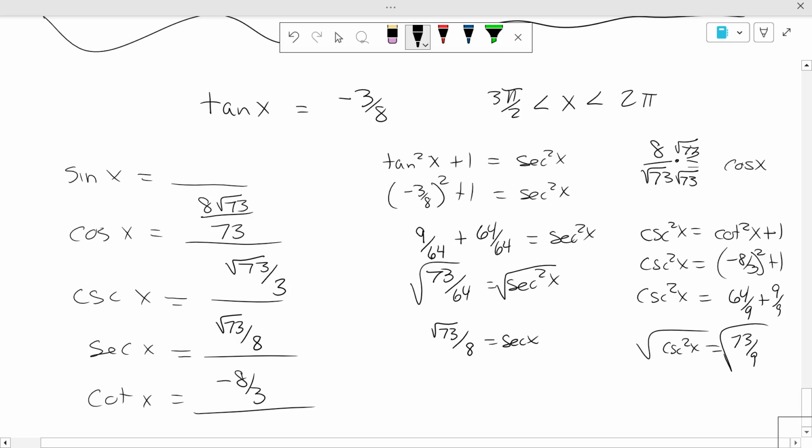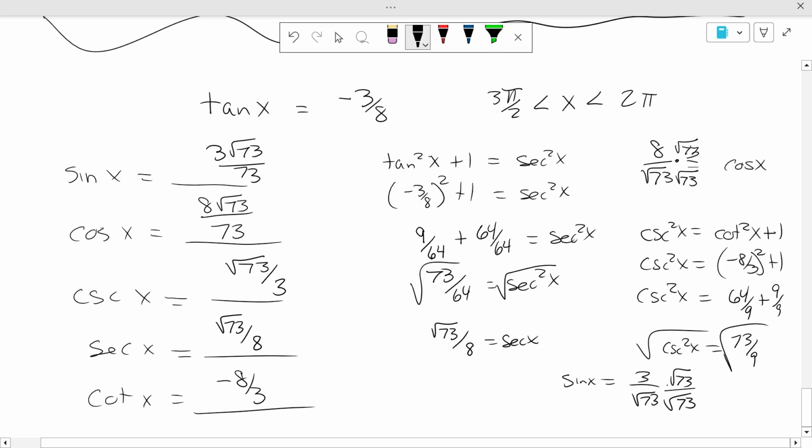So then for the sine, we just flip that over. So for the sine of x, it's 3 over the square root of 73. So we multiply top and bottom by square root of 73. So the sine is 3 square root of 73 over 73.